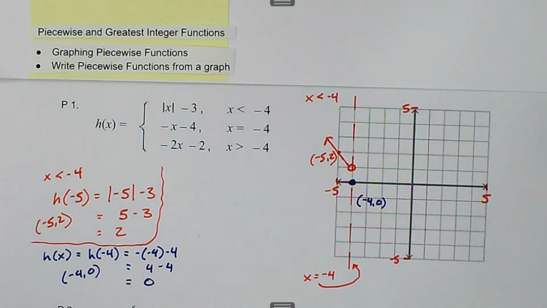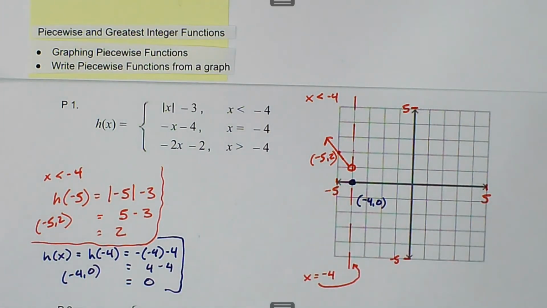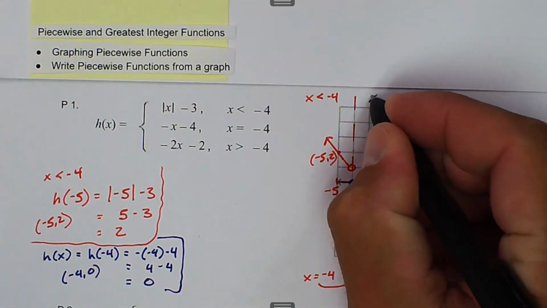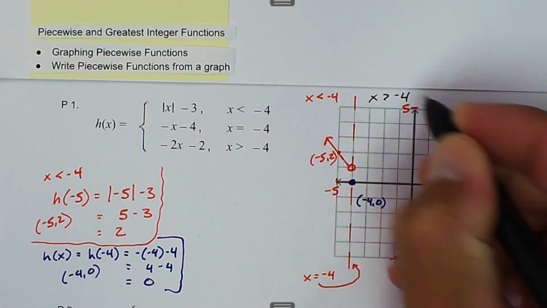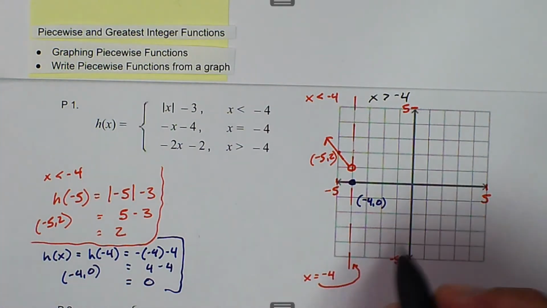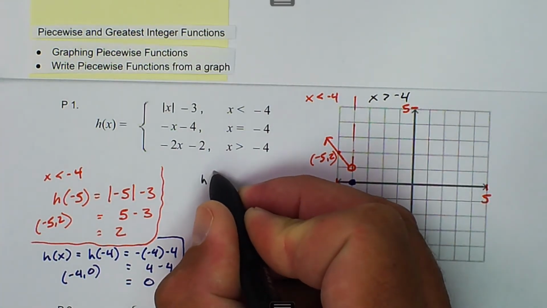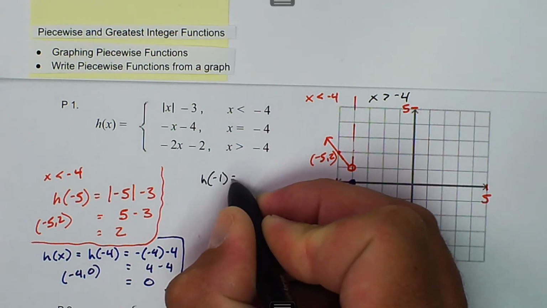And then the last part of the domain, this is when x is greater than -4. So any value that's greater than -4. And a good one to pick for that, we can always pick 0. I'm going to pick -1 in this case. So we want to evaluate the function h of x when x is equal to -1.